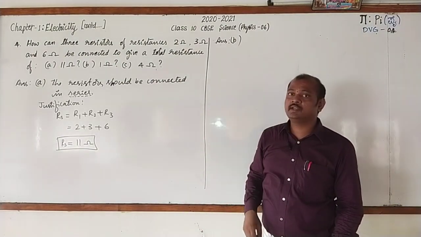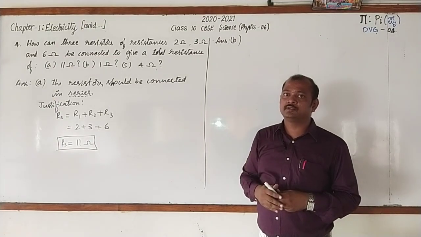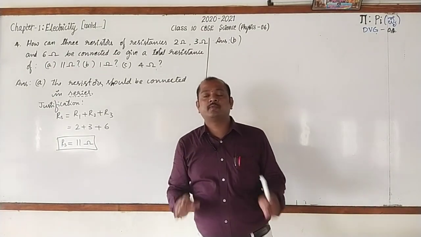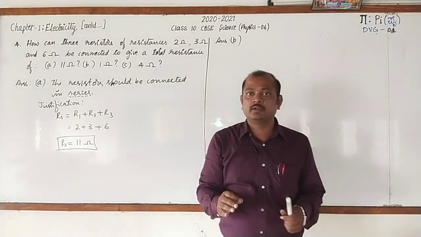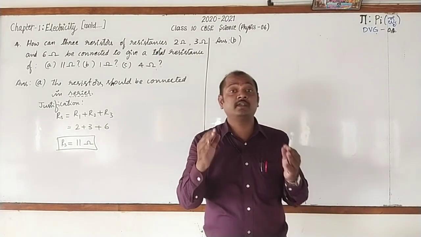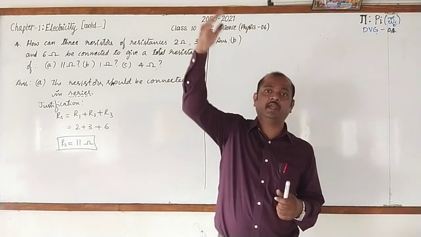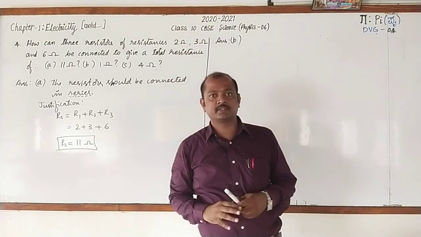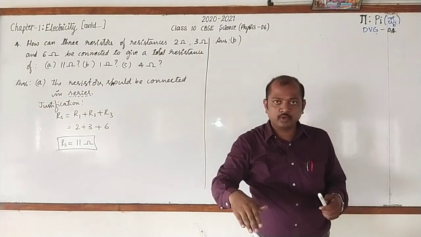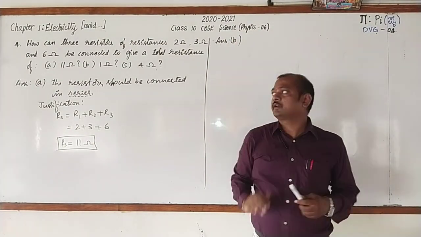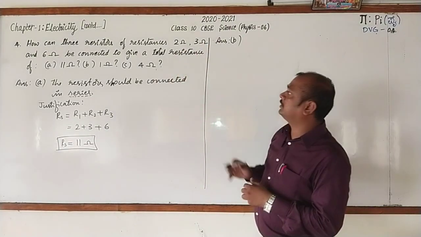They should be connected in parallel. Already we have come to know that the different ways of connection with respect to resistors are to be done only to get the desired resistance. Either it may be high or it may be low resistance. To get high, series connection. To get low, parallel connection. Here let us go for connecting them in parallel.